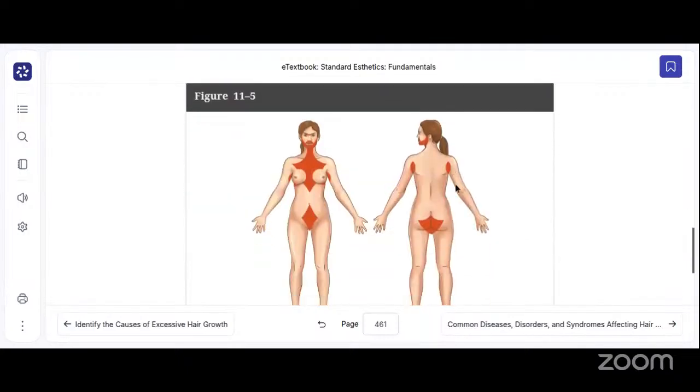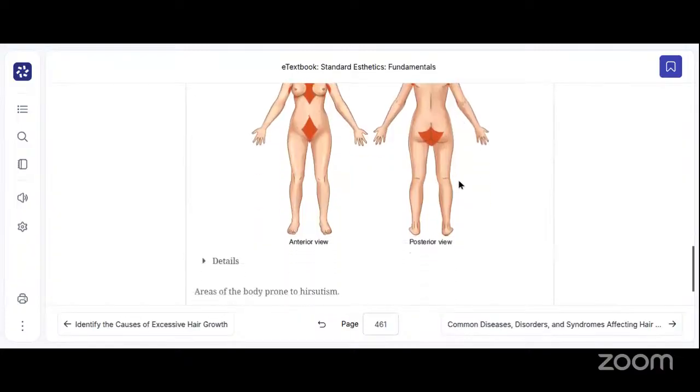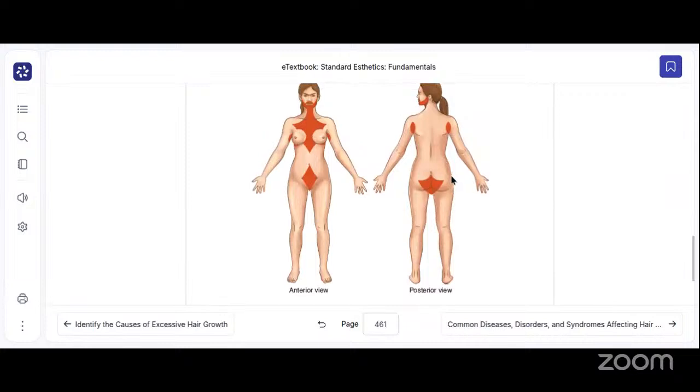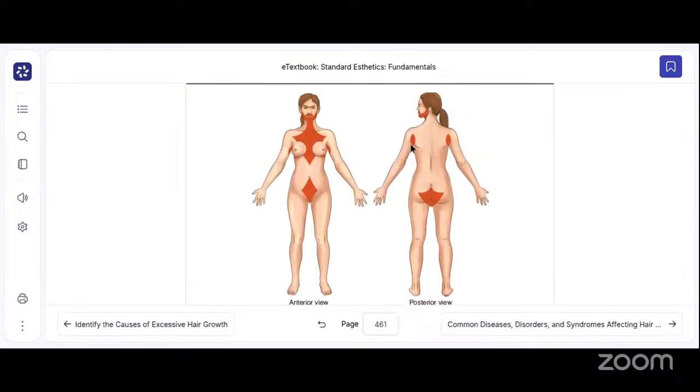Okay, these particular areas are prone to hirsutism. Excessive. Okay, look at that bearded area, chest, underneath the breast, pubic area, behind, and underarms.